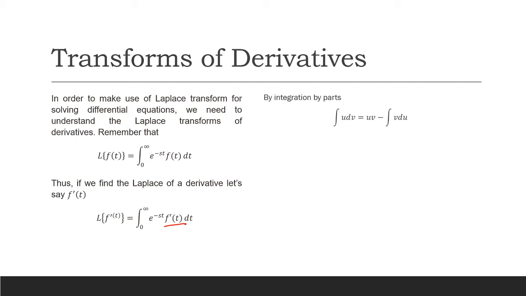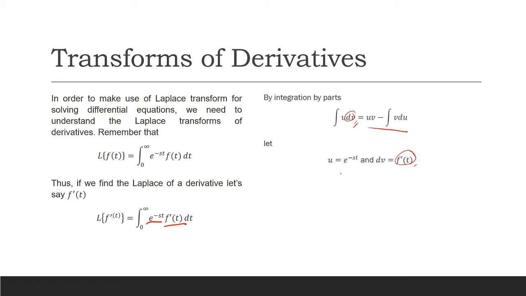So, if we let u natin be equal to e raised to negative st and yung dv natin be f prime of t, then mawawala na yung dv, which is yung f prime of t. We will have uv minus integral of v du na lang. So, wala na yung derivative.